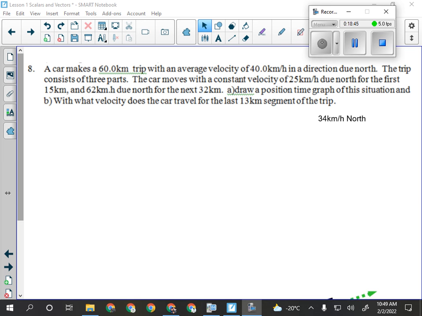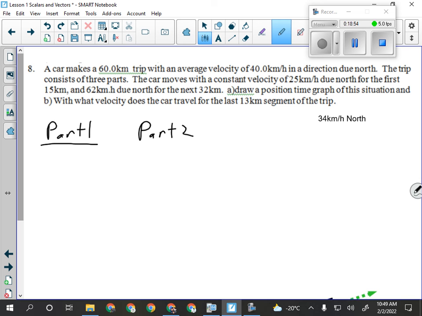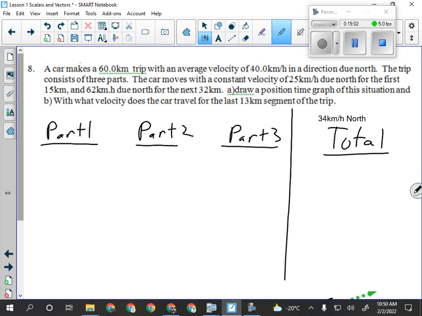So for this one, there's 3 parts, plus the total. Okay, so we're just going to split it up like that and get our givens all written in. Okay, so the car makes a 60-kilometer trip with an average velocity of 40 kilometers per hour north.